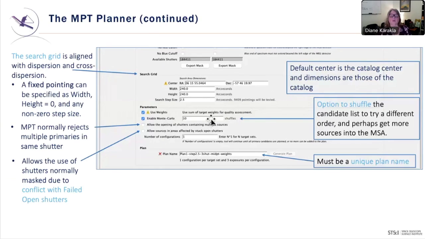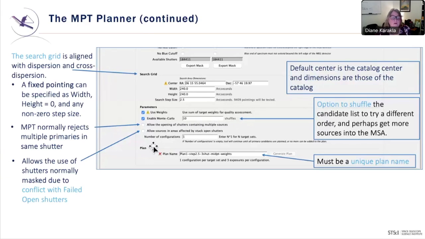This only works if you have weight bins, if you have multiple sources with the same weight in your catalog. Shuffling them allows a different order in selection of those sources. So you can run this a number of times, whatever value you want, however long you want to wait for results. And that optimizes the building of the MSA configuration at every grid point.